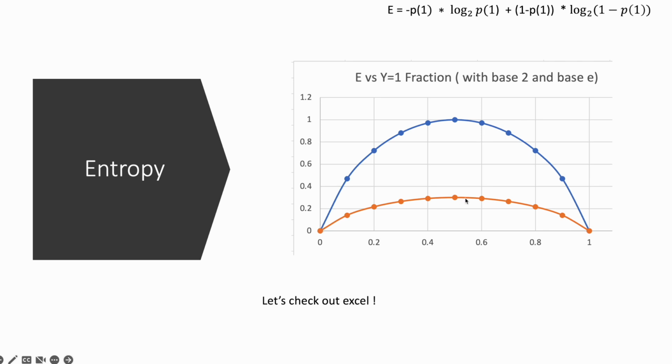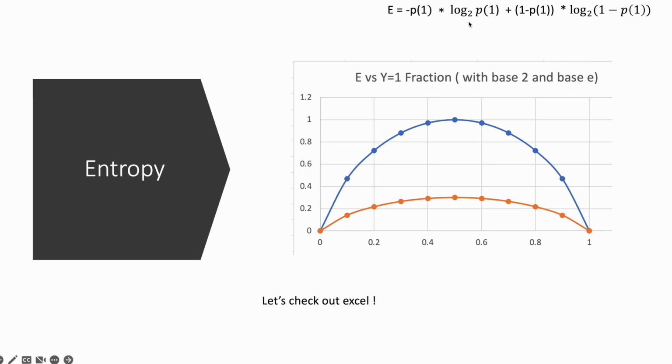Now, you'll say, hey, what is the difference between these two? If you notice, this particular graph, which has a base of log 2, hits the maximum at 1, which is a nice round number, matching with the probability. That's why we are using it. And why is it hitting at 1? Let's put 0.5, or half, over here, okay?